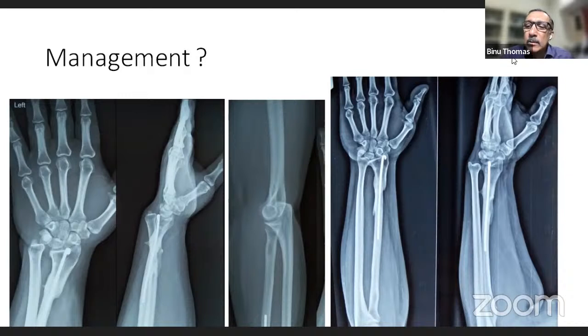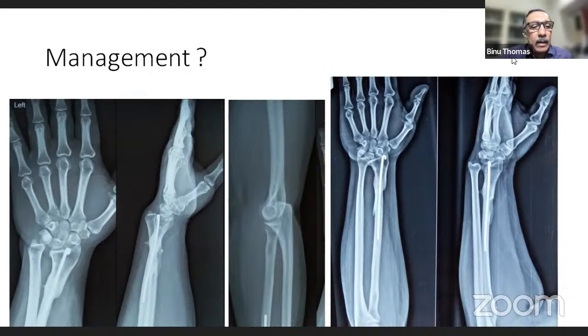So we would like to assess that properly. And here, there's nothing in the ulna that is probably a primary pathology. The pathology is in the radius. So your correction can be addressed at the radius, corrective osteotomy, and see if that helps with the relocation of the DRUJ.